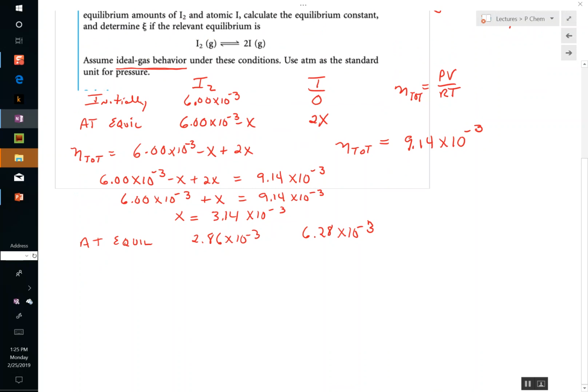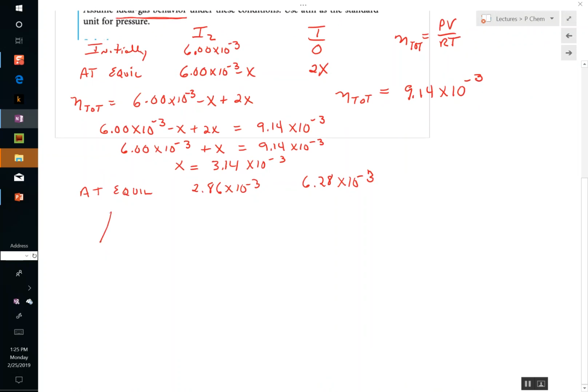I thought this was a brilliant way of doing it. It might have been around the barn. But let's look at what K is going to be. K is going to be the products, the partial pressure over P naught, over the reactants, the partial pressure over P naught, each to its coefficient.